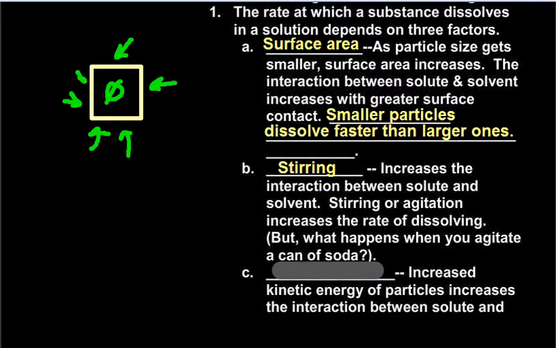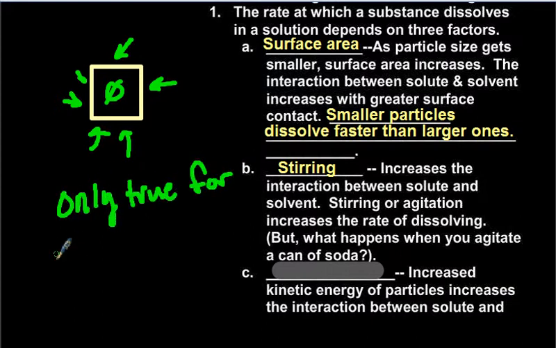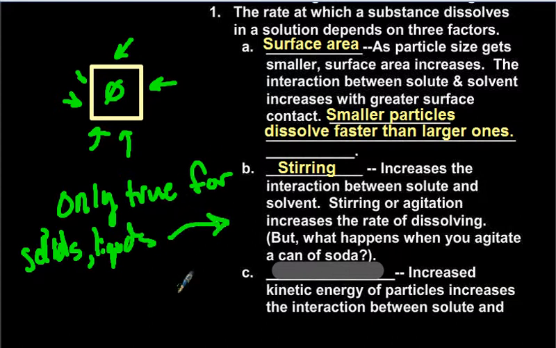However, this is only true for solids and liquids into liquid solvents, not gases, because the more you stir a gas into a solvent, the more it will come out.